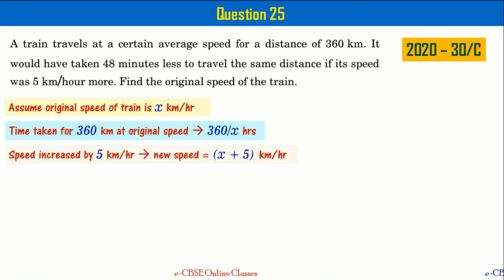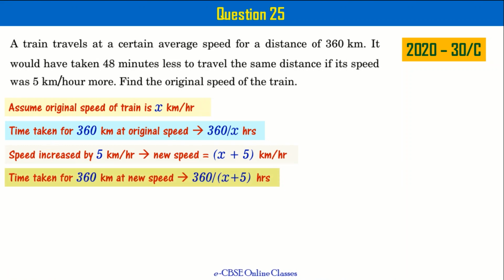Speed is increased by 5 kilometers per hour. It means new speed is going to be x plus 5 kilometers per hour, right? So time taken for covering 360 kilometers at new speed is going to be 360 divided by x plus 5 hours. The difference in time is given as 48 minutes, right? You have to convert that into hours. It means 48 by 60 hours.